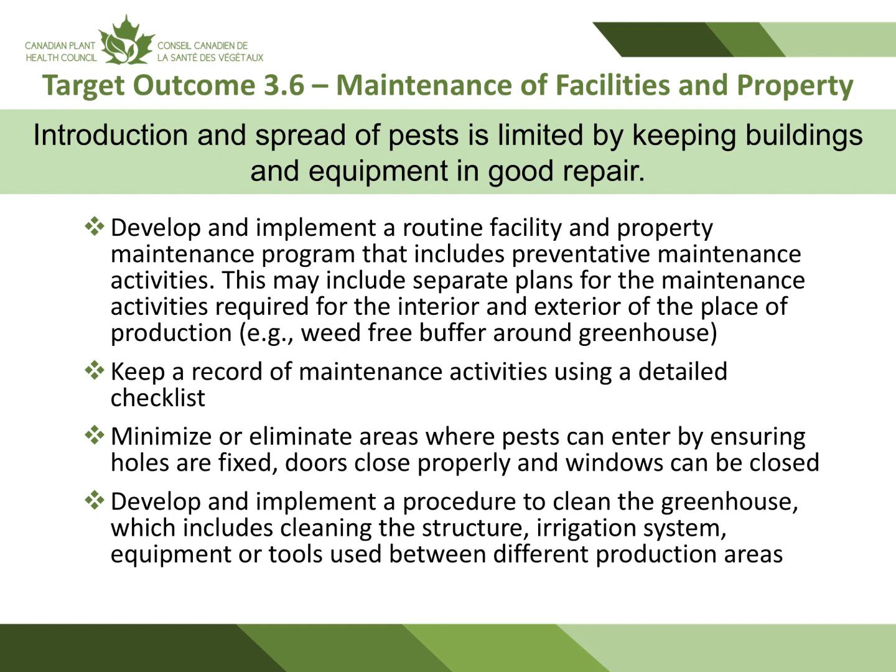As an example, a maintenance program for greenhouses may include a weed-free buffer around the greenhouse, minimizing or eliminating areas where pests can enter by ensuring holes are fixed, doors closed properly, and windows can be closed. And finally, developing and implementing a procedure to clean the greenhouses, which includes cleaning the structure and irrigation system.